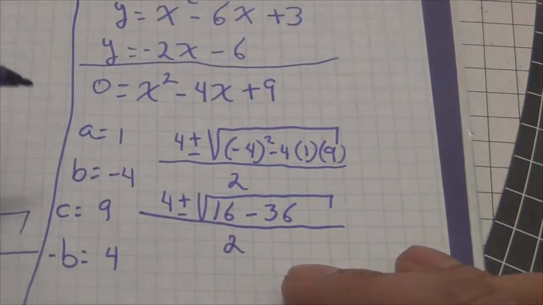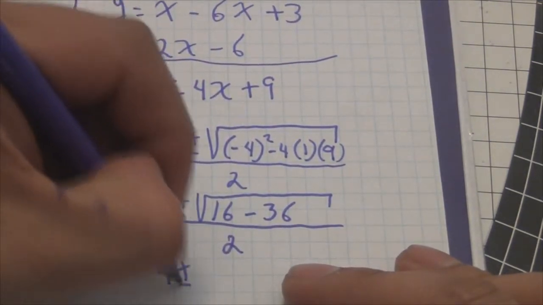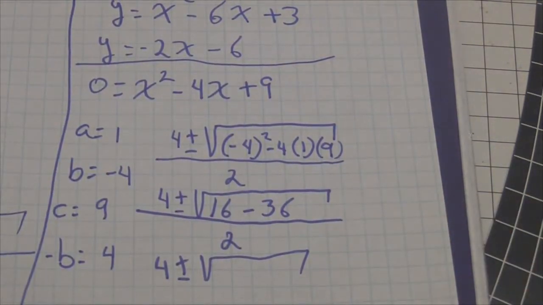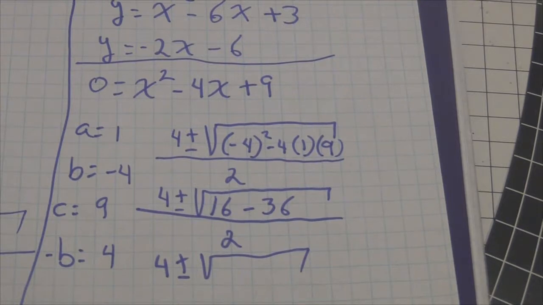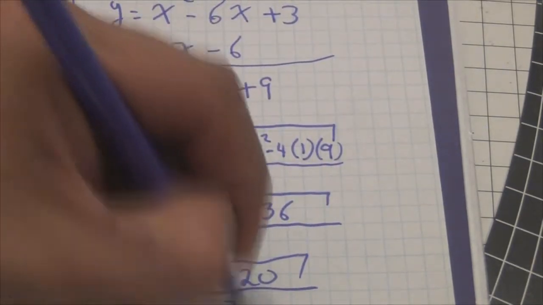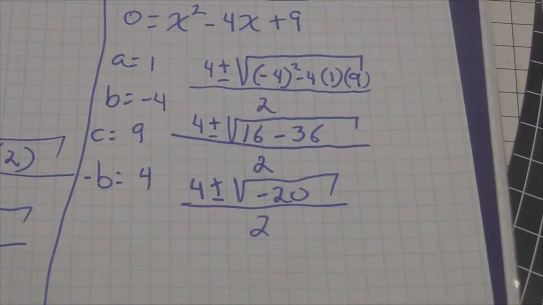Everything divided by 2. Then we have 4 plus or minus the square root of, what is 16 minus 36? Negative 20, divided by 2.